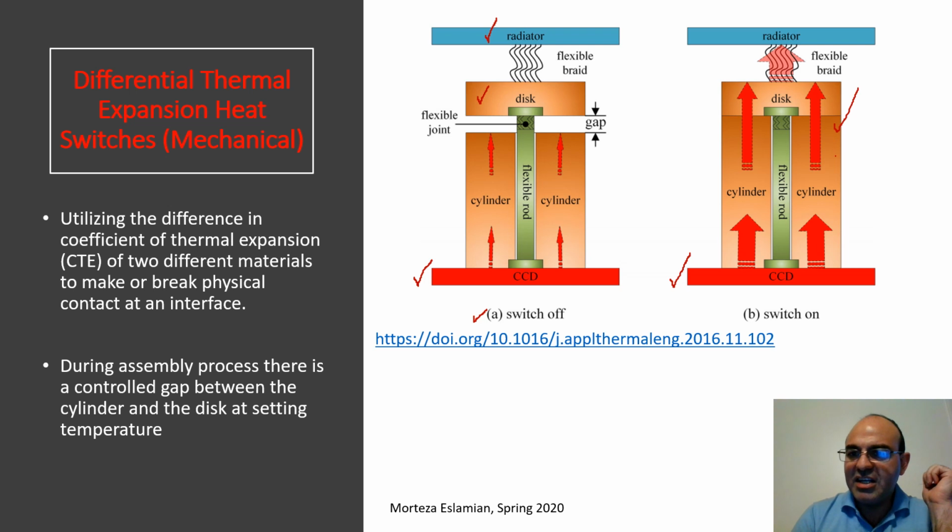So then conduction heat transfer will also occur, and the disk here will reach a higher temperature, and then it will radiate a higher rate of radiation energy to the radiator of the spacecraft. So that's how this switch works based on the differential thermal expansion concept.